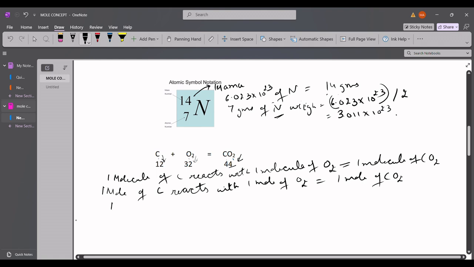Then we can say that 12 grams of carbon reacts with 32 grams of oxygen, producing 44 grams of carbon dioxide. How did it happen? 1 mole of carbon weighs 12 grams, 1 mole of oxygen weighs 32 grams, and 1 mole of carbon dioxide weighs 44 grams. So this is the use of the mole concept.